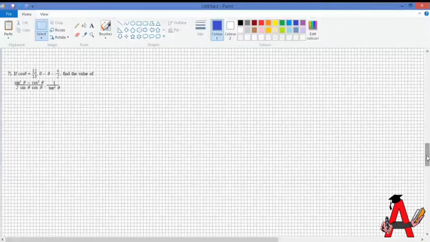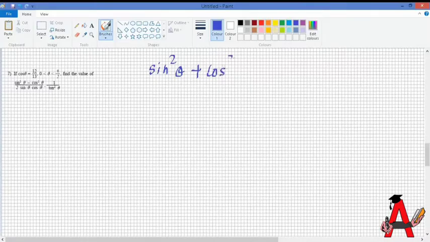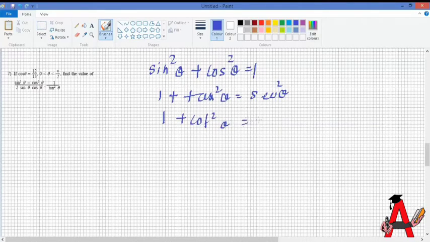Now in this type, we will have to use our identities. We know that sine square theta plus cos square theta is equal to 1. We also know that 1 plus tan square theta is equal to sec square theta, and 1 plus cot square theta is equal to cosec square theta.